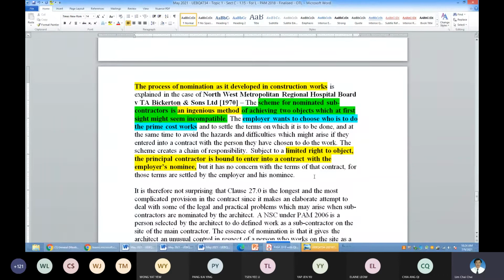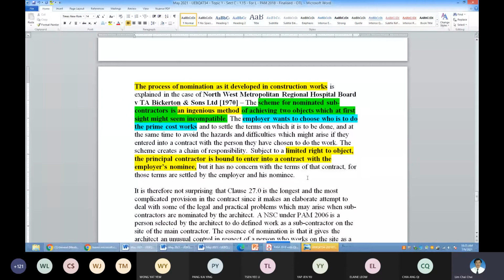Okay, and number 3, where the main contractor had a bad working relationship previously. These are the usual grounds I believe that the main contractor can raise to reject the nominated subcontractor. Apart from these 3, it is quite difficult already. Okay, so please be careful. As a contractor, these are your limited grounds to object.